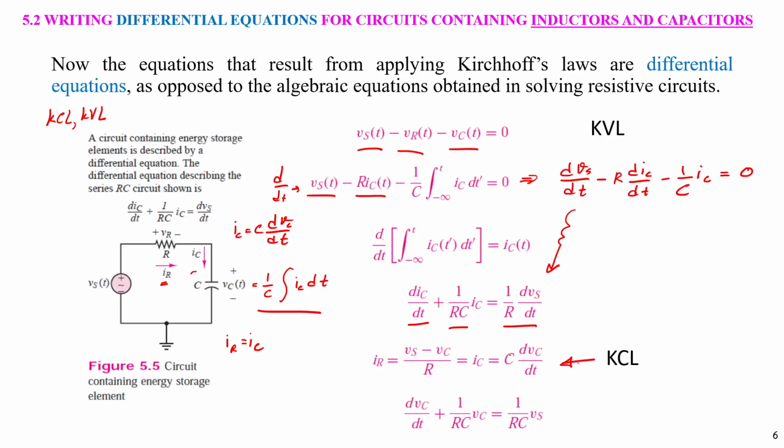With this analysis, finally we will get the ordinary differential equation, for example in this form: dVc by dt plus 1 by RC Vc equals 1 by RC Vs here.